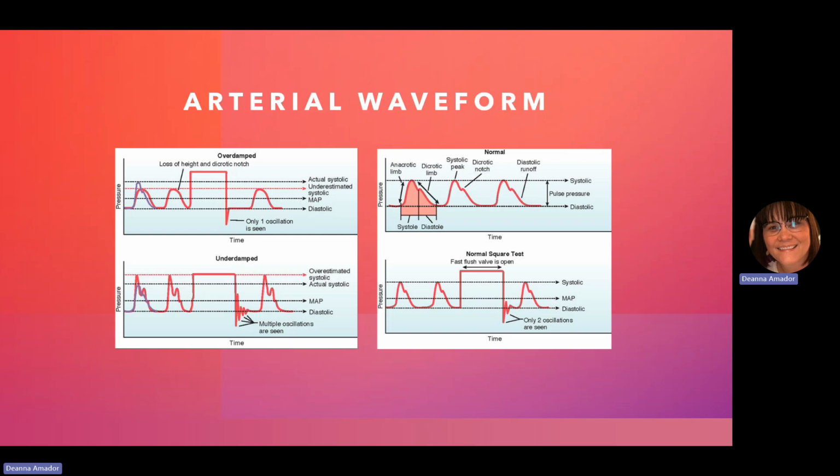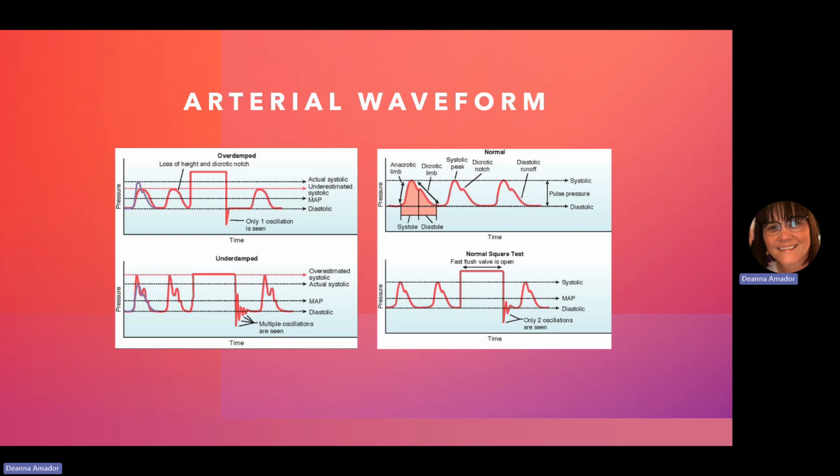That's called an oscillation. There are ways to see, by how many bounces you have, if you have an overdampened or an underdampened waveform.